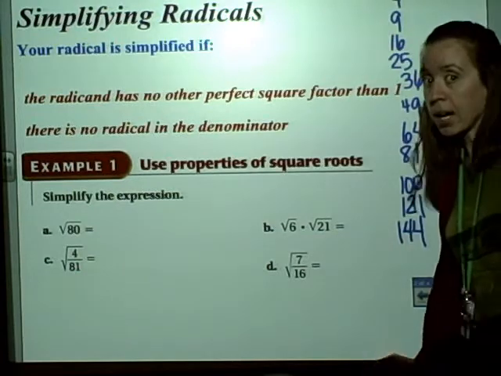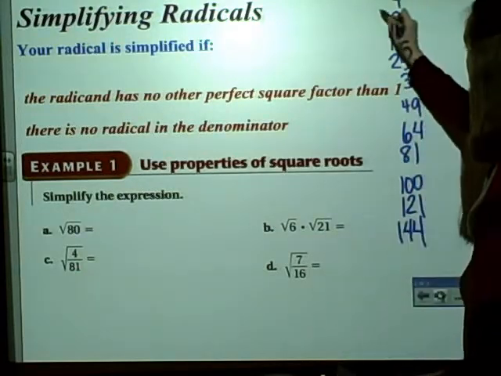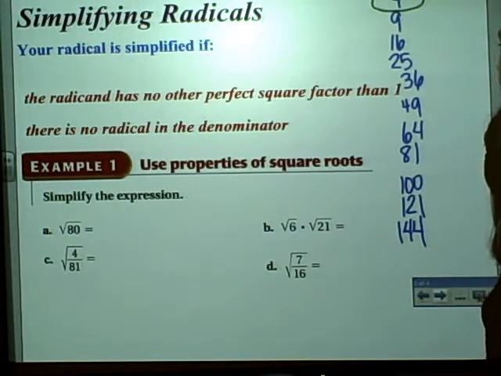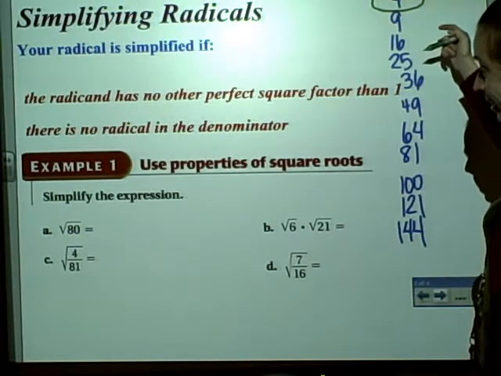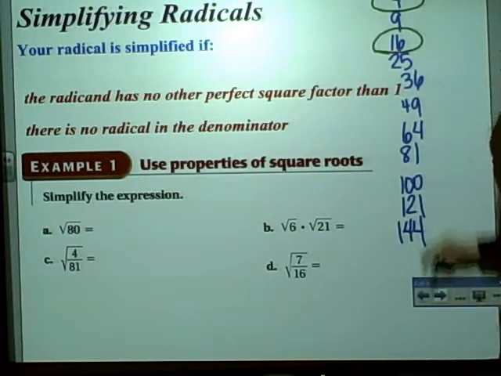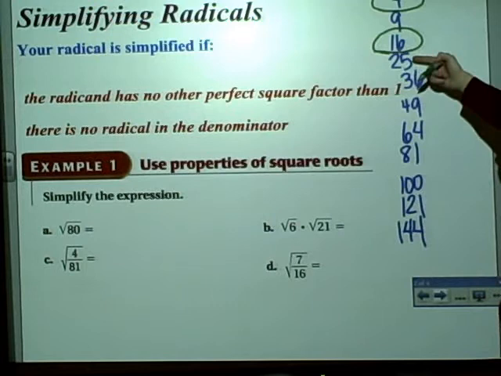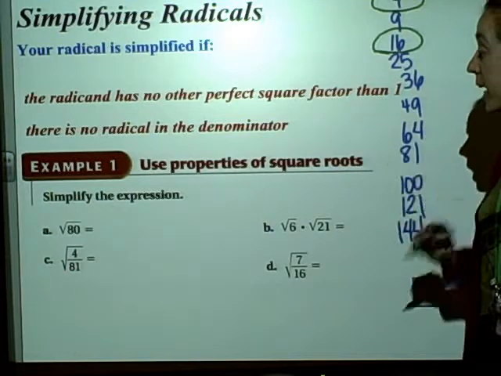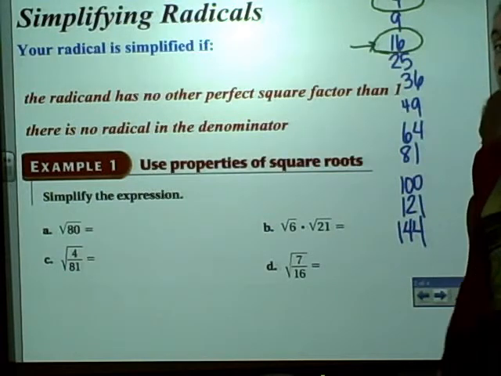Well, I know 80 goes into 4, and I'm going to circle it. But it might not be the biggest. I'll keep going. 9, no, 16. 80 does go into 16. Then I'm going to keep going. Okay, we're getting a little high here, guys. I think that's it. So the biggest perfect square that goes into 80 is this 16.